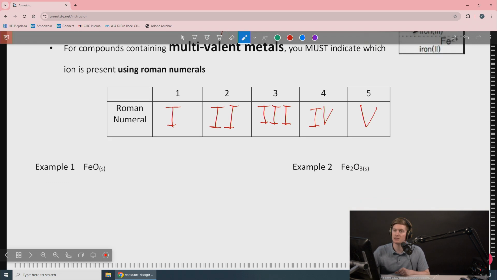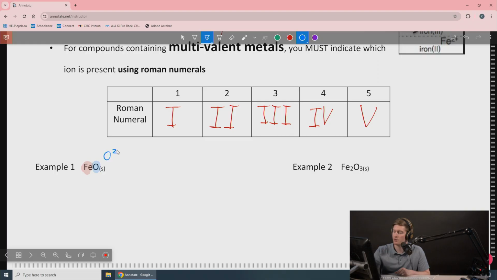If we're naming these compounds, we have to figure out which iron we're talking about. Here, we have iron as our metal, our cation, and oxygen as our nonmetal, our anion. Now the question we have to ask ourselves is, what's the charge on this iron? Because in order to give this ionic compound a name, we need to know the charge on the iron. The way you figure this out is by using the charge on the anion.